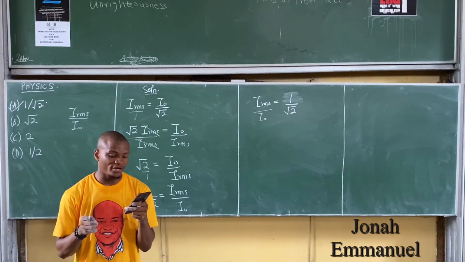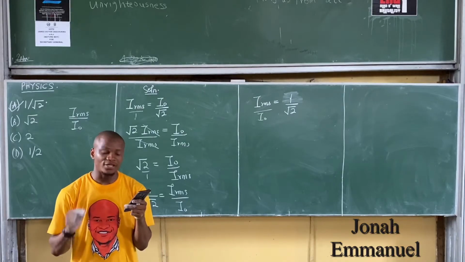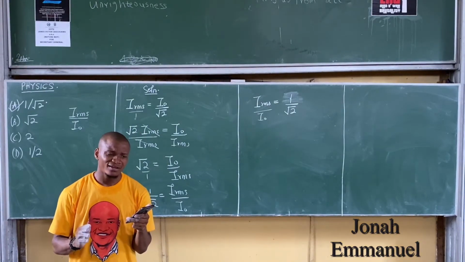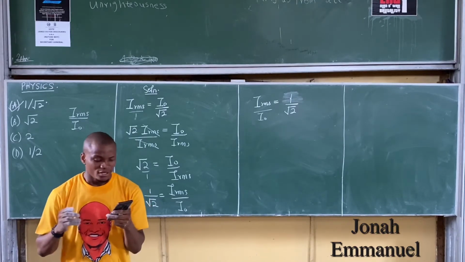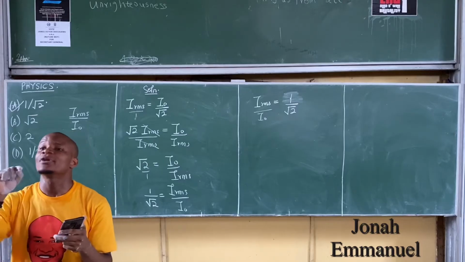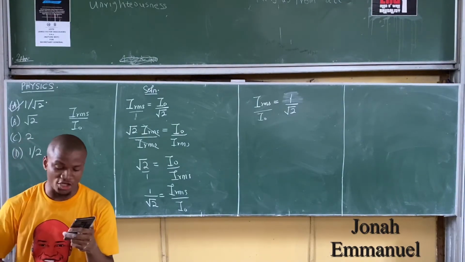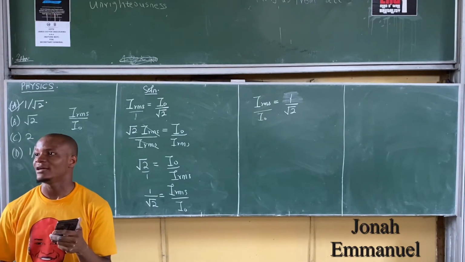A. Slip ring. B. Carbon brushes. C. Split ring. D. Armature. What's the answer there? Split ring.